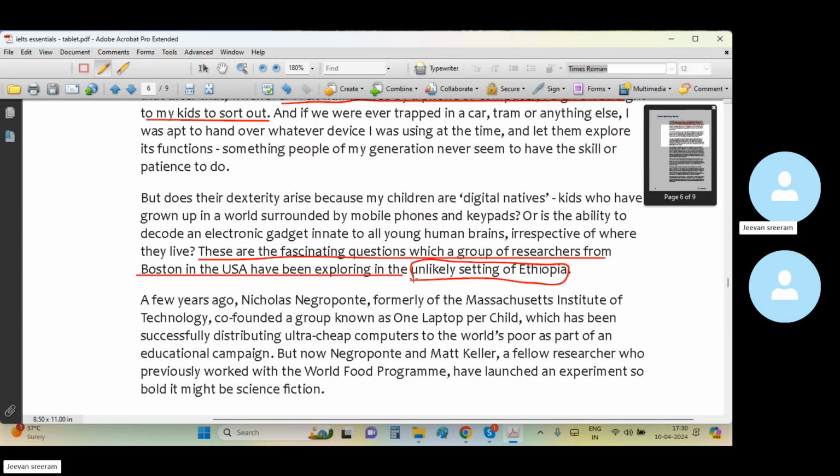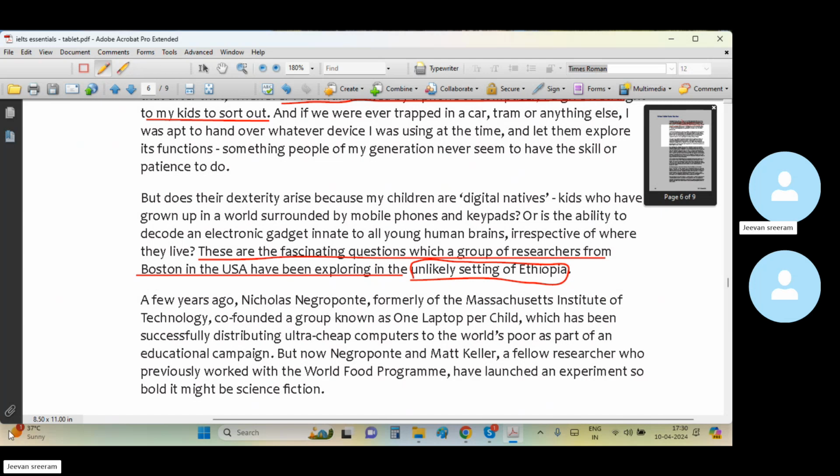Okay, that's an impossible setting for their research, that is Ethiopia. The author felt it is an impossible setting, but the author has some fascinating questions to get answered. That is an unsuitable, impossible setting. That's why he's surprised.